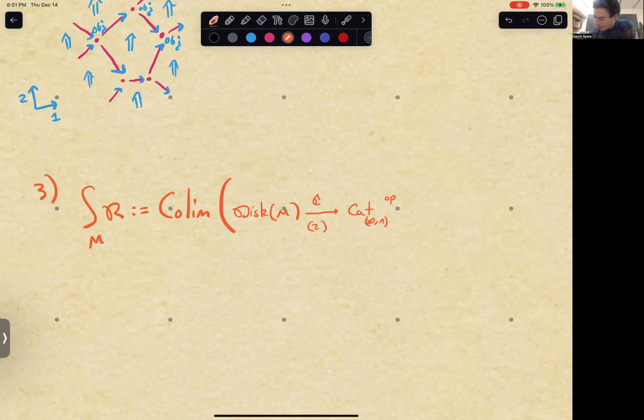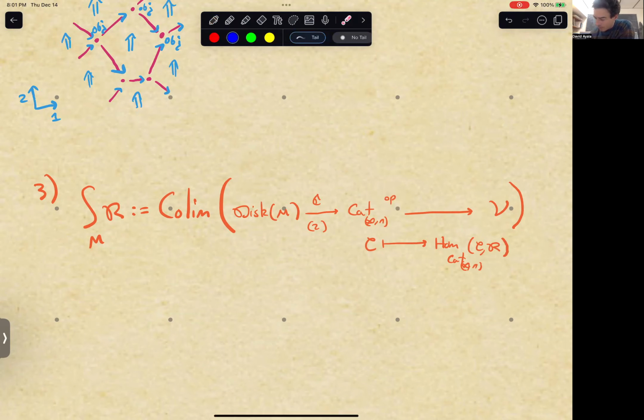And then there's a functor to V, which assigns to an infinity n category the hom between infinity n categories from C to R. So that's why there's the opposite here.